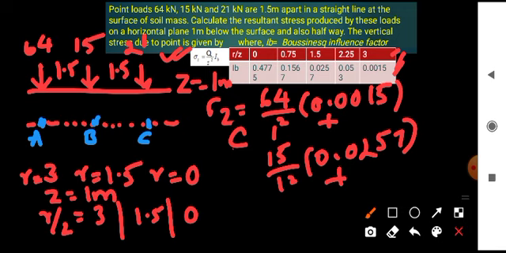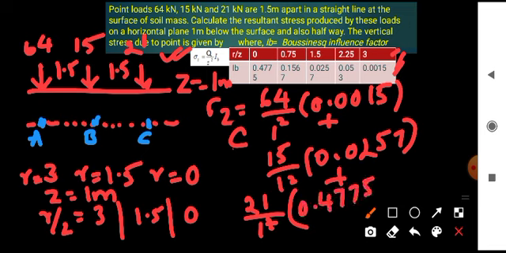plus, so the last one is 21 divided by 1 square into, so the corresponding value of r by z is 0, r by z is 0, so 0.4775.